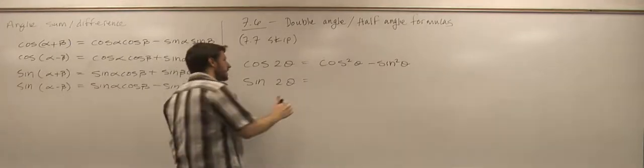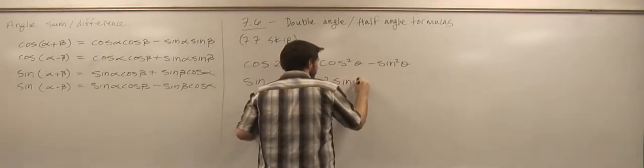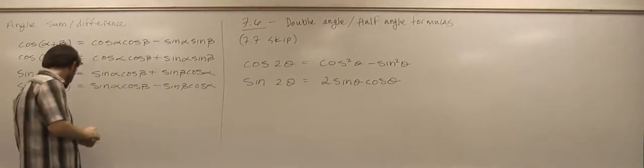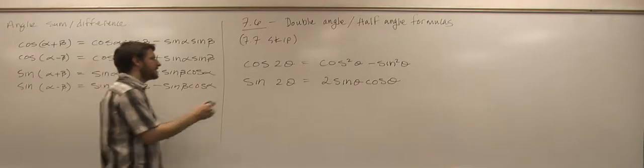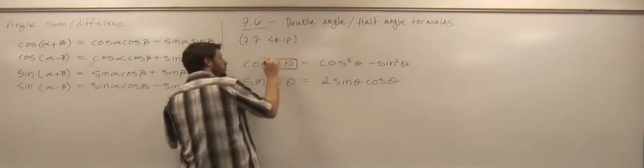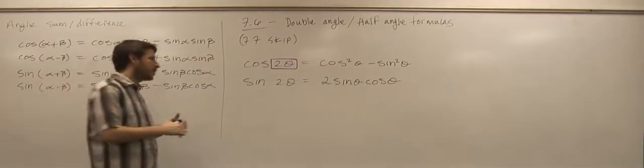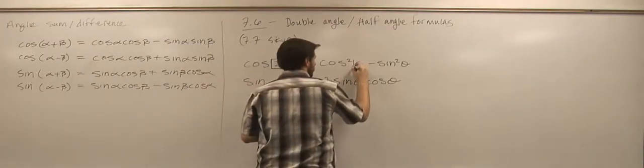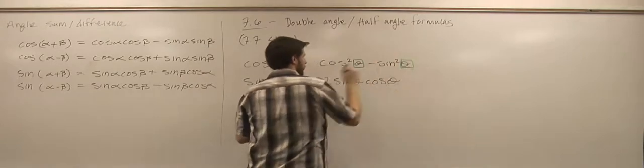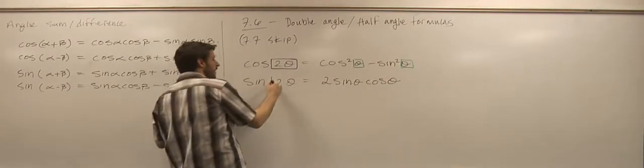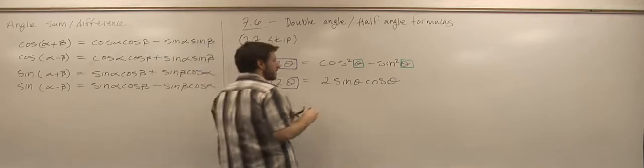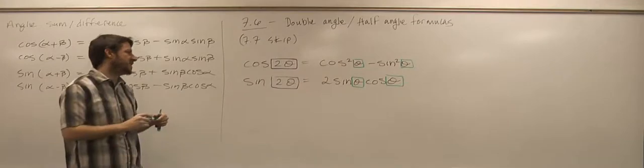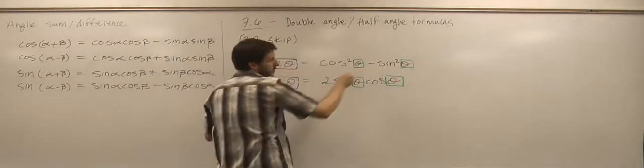And sine of 2 theta is equal to 2 sine theta cos theta. So what happened is we had a 2 times theta inside, and we ended up with just a 1 times theta. Just a single theta. In each case, we turned the 2 theta into a single theta. That's what double angle formulas are meant to do. They take a double angle and turn it into a single.